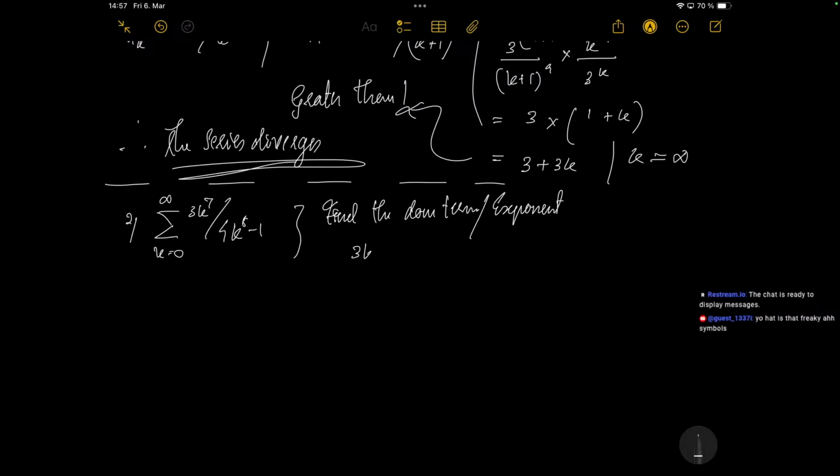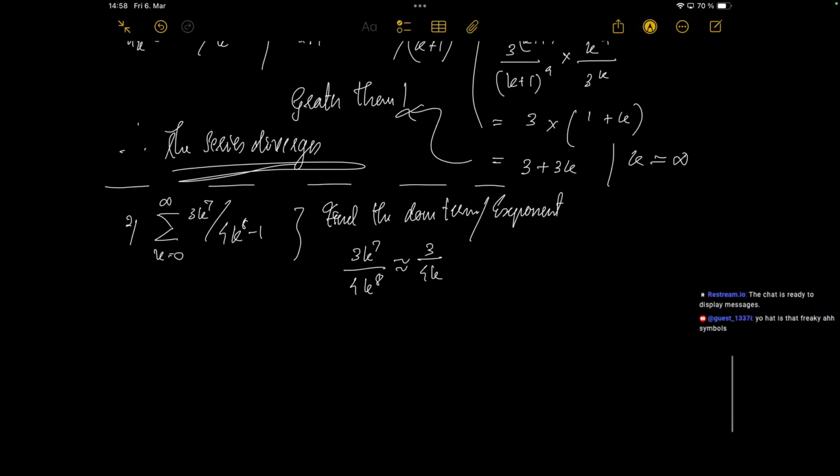So 3 raised to k7 divided by 4 raised to k8. So 3 by 4k. Does the 3 by 4 matter though? I don't know. I don't think so, right? It should not matter. Or does it?